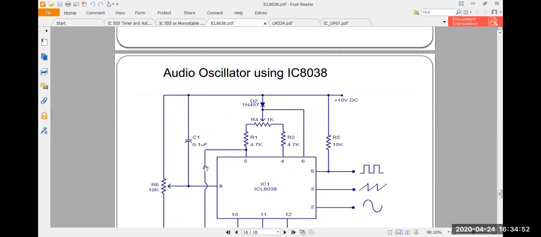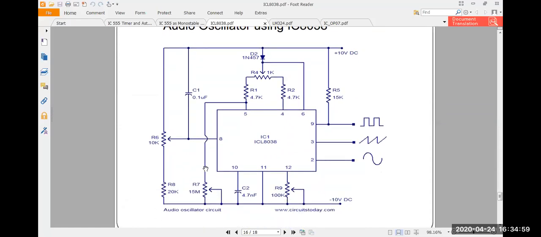You can produce an audio oscillator with the help of IC 8038. You can see that they have made use of all the pins of IC 8038, and with the help of that, you can generate waveforms in the audio frequency range, that is 20 Hz to 20 kilohertz.